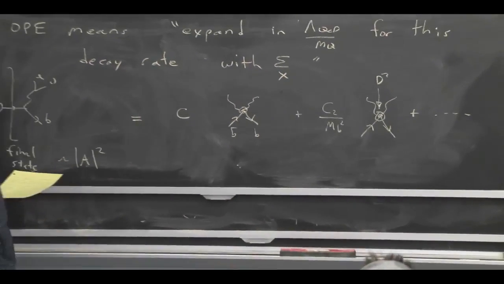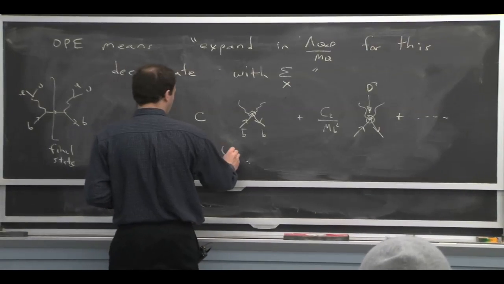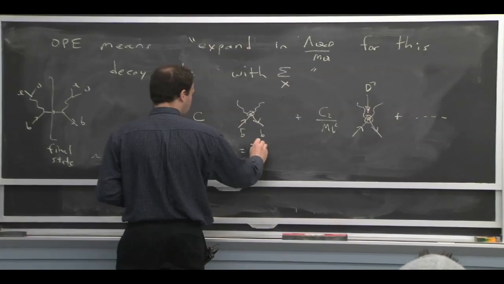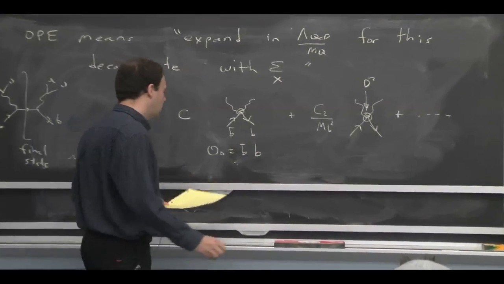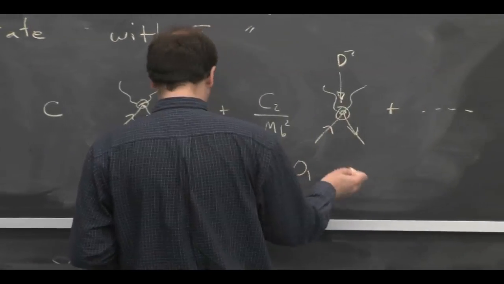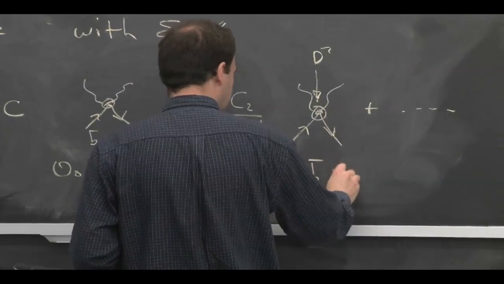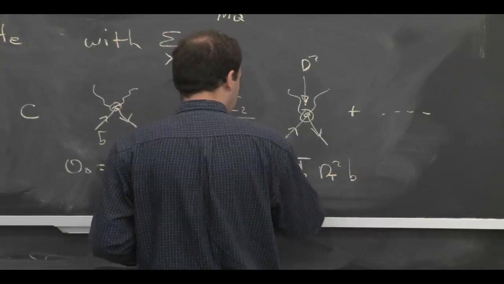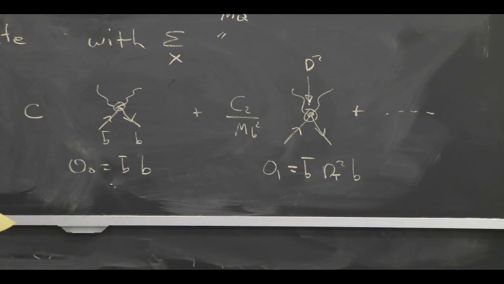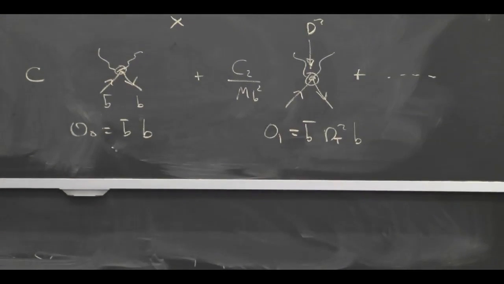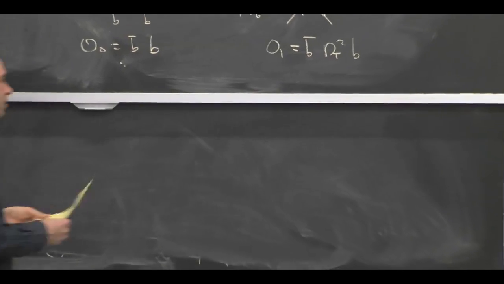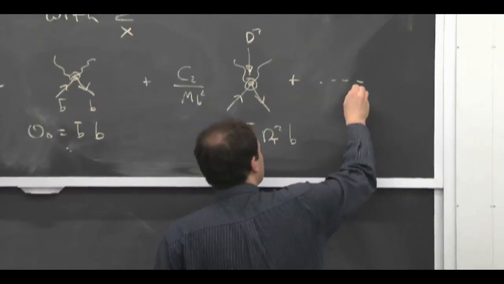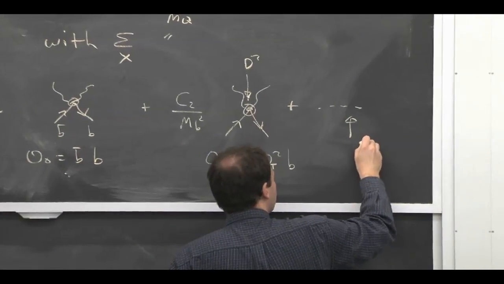And then you have Wilson coefficients. The leading order operator here is just B bar B. That's what it turns out to be. This operator here would look familiar because it's D transverse squared. So that's like our lambda 1 operator, and that's where the lambda 1s are going to come from. And then there would be a lambda 2 term, and I just didn't write it. So there's a magnetic guy here, too.